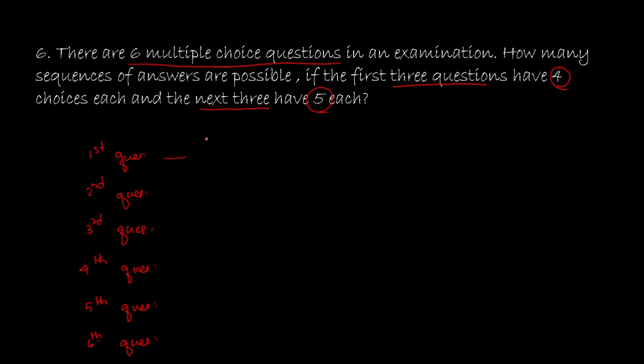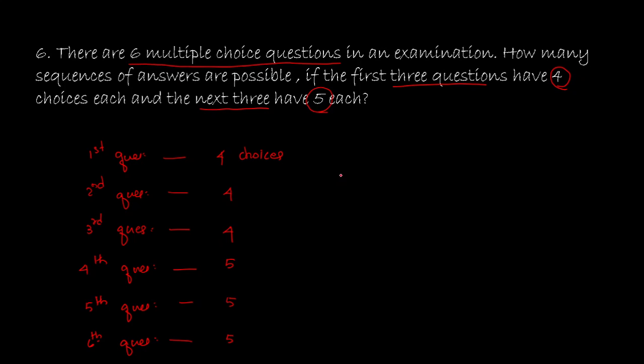The first 3 questions have 4 choices. So, the first question has 4 choices. Similarly, the second question has 4 choices. The third question also has 4 choices. And the next 3 have 5 choices. So, the fourth question has 5 choices, the fifth question also 5 choices, and the sixth question also 5 choices.